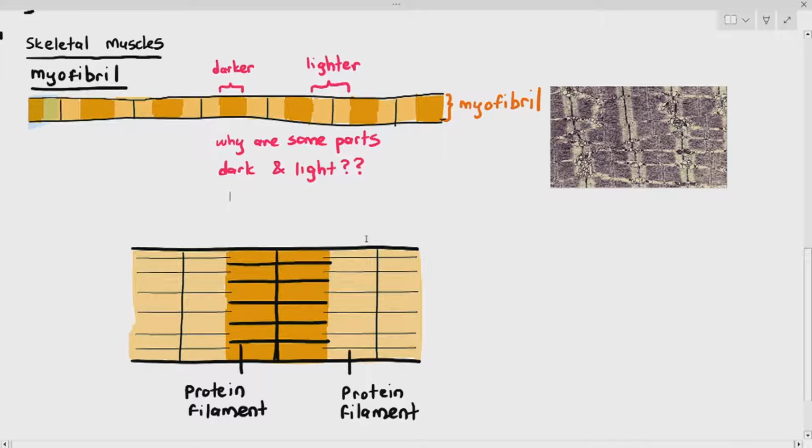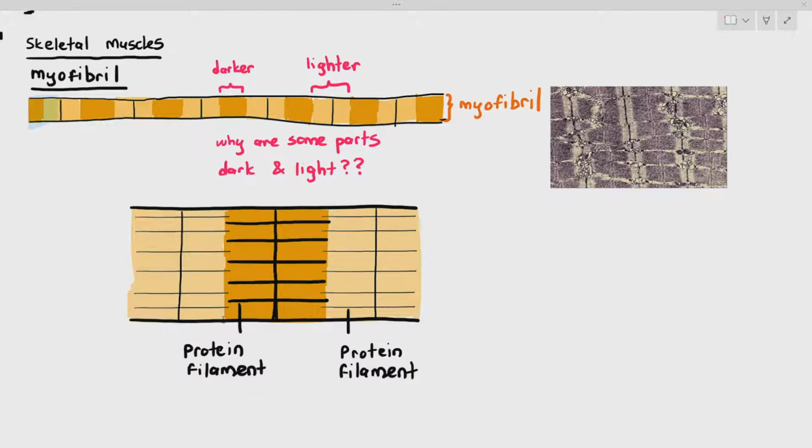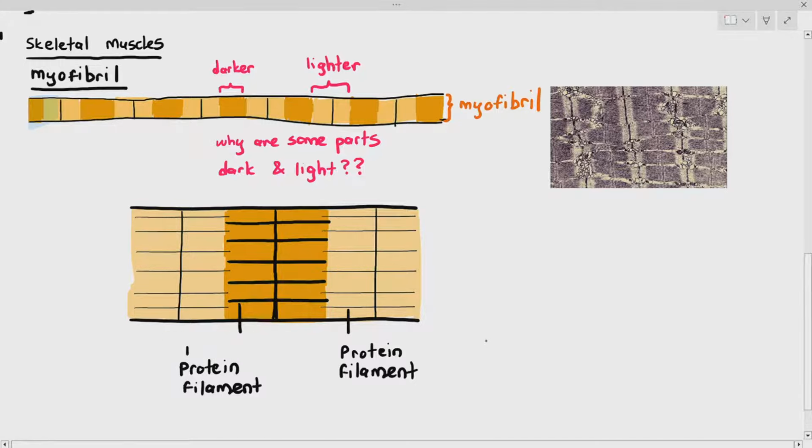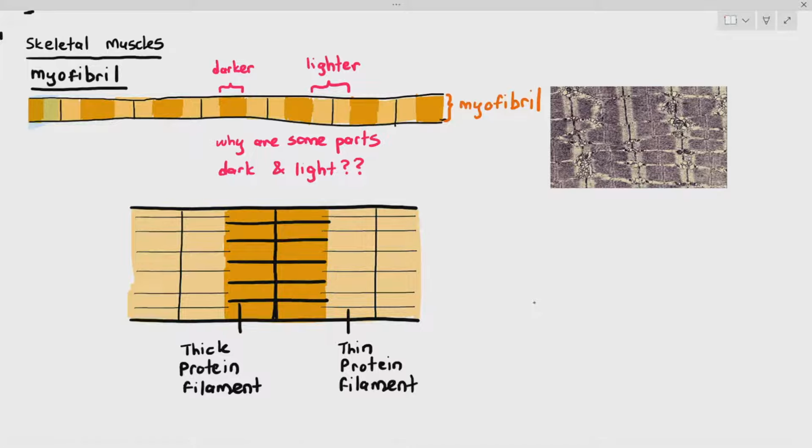In reality, the reason some parts of the myofibril are dark and some are light is the thickness of the protein filament. When the protein filaments are thicker, the area looks darker, and when that part of the myofibril is thinner, the area is lighter.